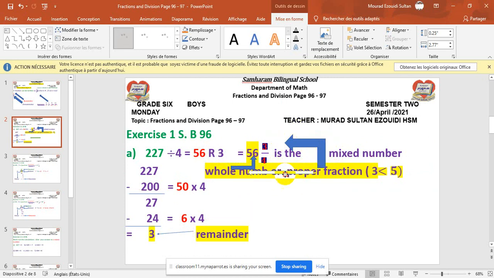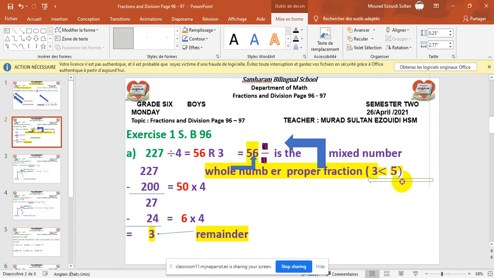So this one, in fact, 56 3/4 is called a mixed number. And this one, 56, is a whole number. And 3/4 is a proper fraction simply because 3 is less than 4. Clear? And if, for example, the value of the numerator is more than the value of the denominator, it's called an improper fraction.